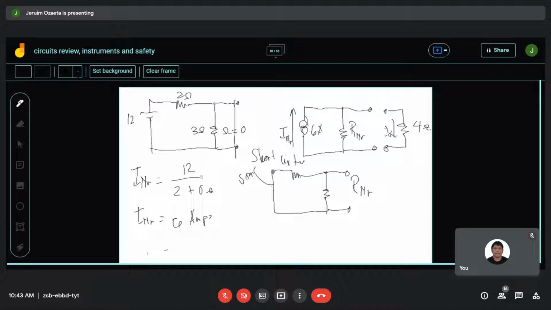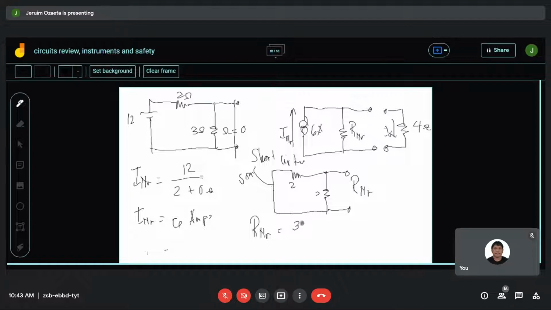When the source is short-circuited, that means the potential difference is zero. Its resistance is zero. So the Norton's equivalent resistance equals, this is 2 ohms, this is 3 ohms.